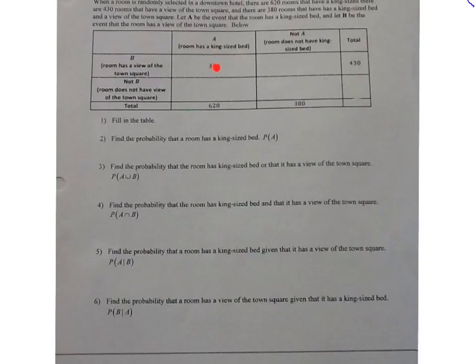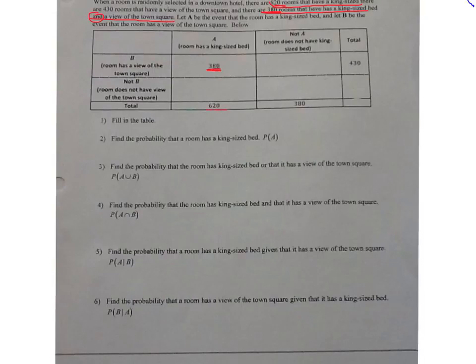That if I have a room with a king-size bed and a view of the town square, that's 380, which was right here, because it's both because of the word and. 380 rooms have a king-size bed and a view of the town square, so that's how we got this 380 right in here. Now, there is a total of 620 rooms that have a king-size bed.